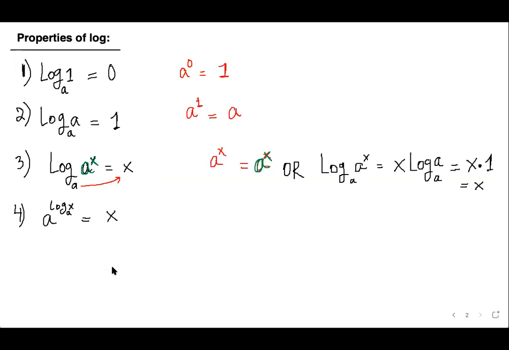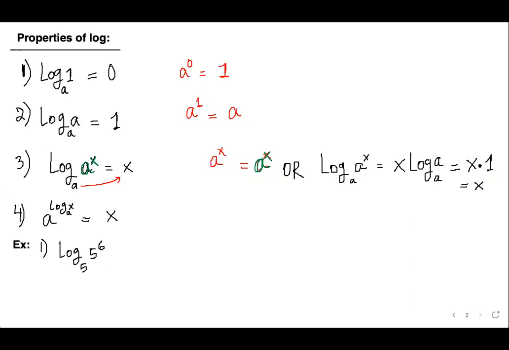Okay, I'm going to give examples to explain how we can use these properties. Number 1: find the logarithm of 5 to the power 6 with base 5.